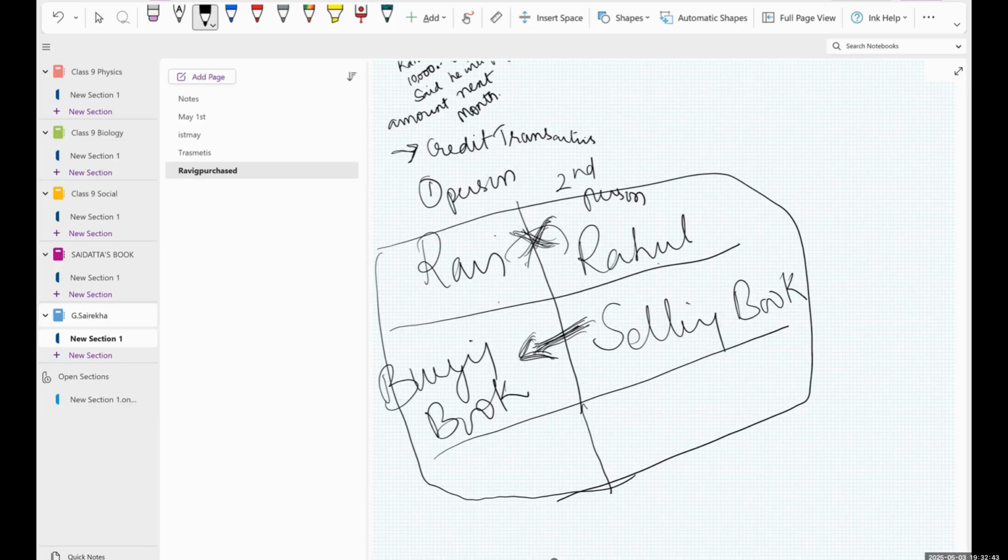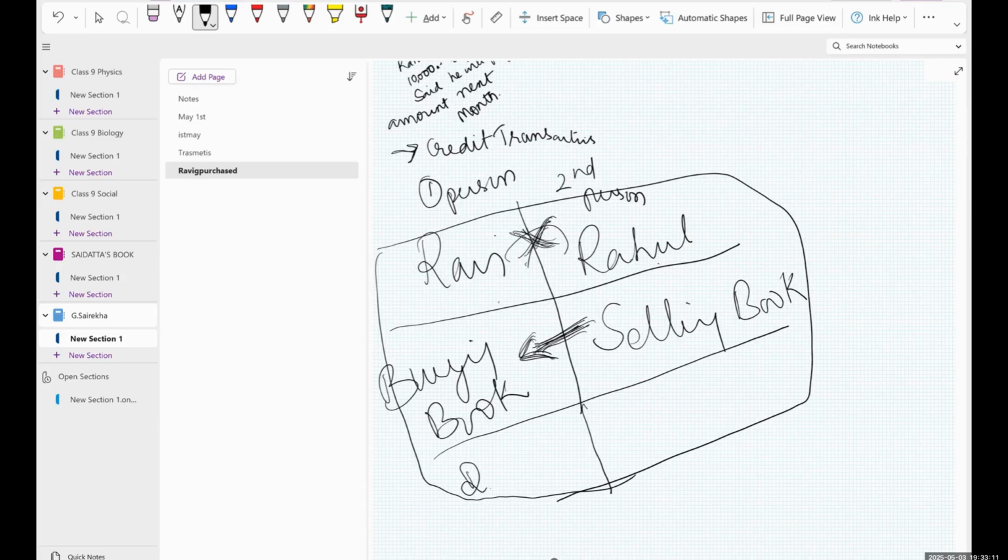I'll ask you in another way. Which person should give money to which person? Ravi should give money to Rahul. But did Ravi give the amount immediately? No, ma'am. What did he say? He will pay next month.